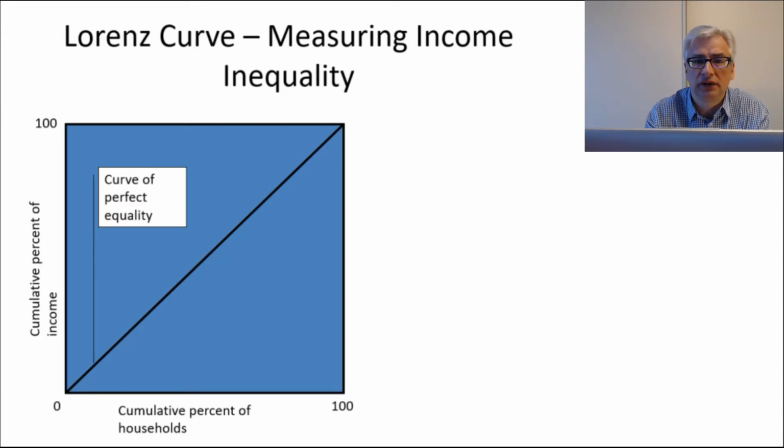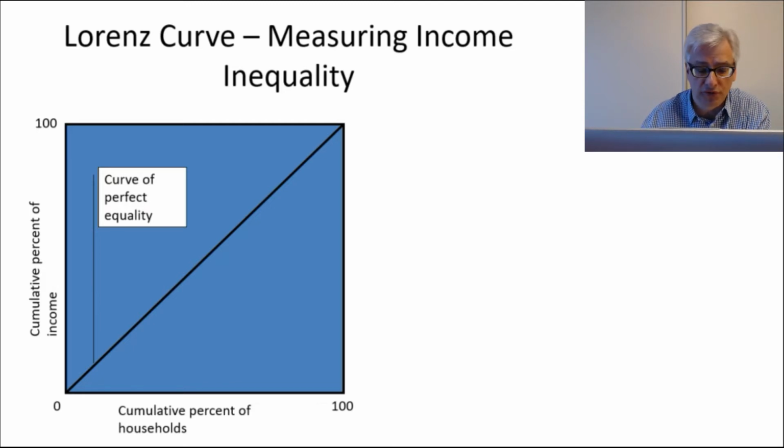So actually this line continues up to 100%, and with this last household that gets all the income, we move to the point of 100% cumulative percent of households and 100% cumulative percent of income.